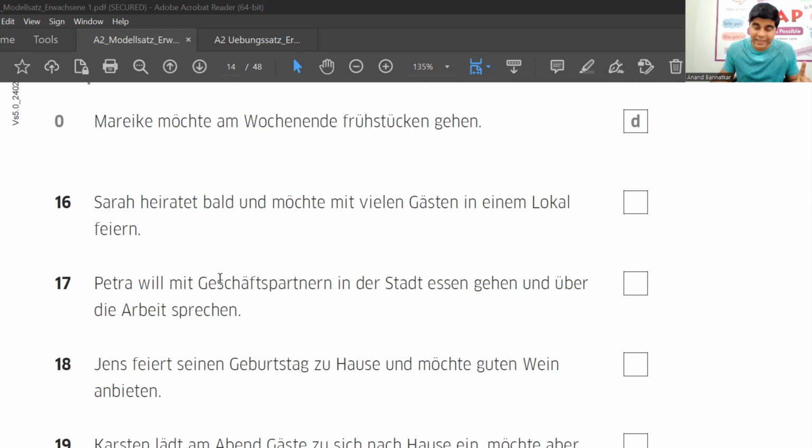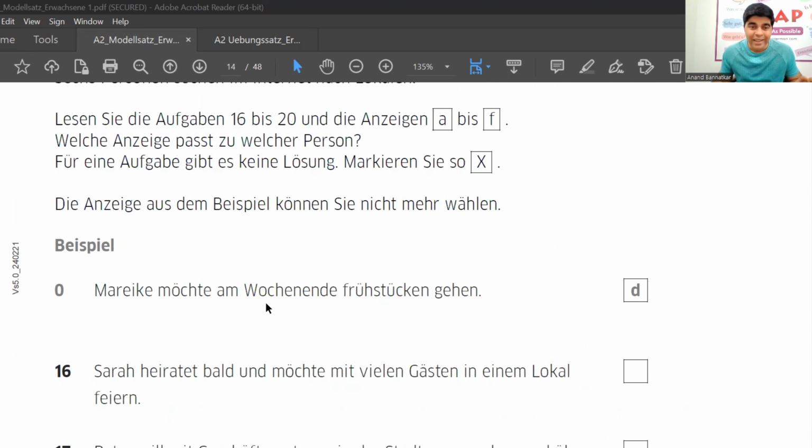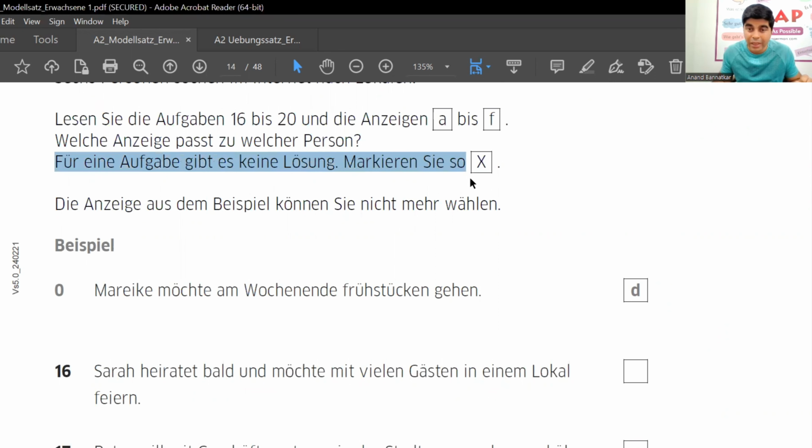But this is a bit tricky. How is it tricky? In the example, number 0, D is already selected. That means out of 6, 1 is already gone. And one of these questions will have no answer, and instead of writing a letter there, you have to put a capital X, because it is not in the advertisements. That means for one person there is no advertisement.